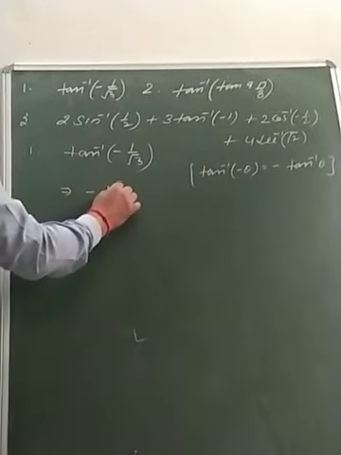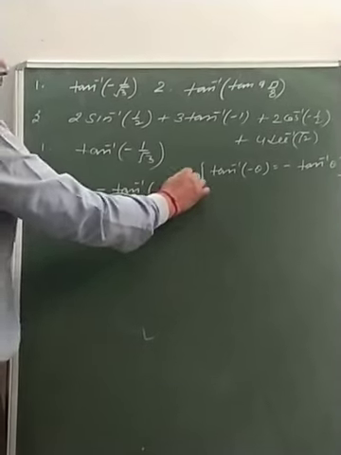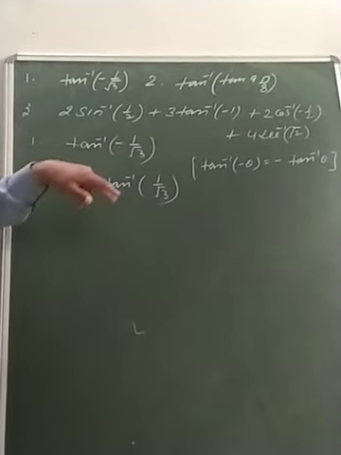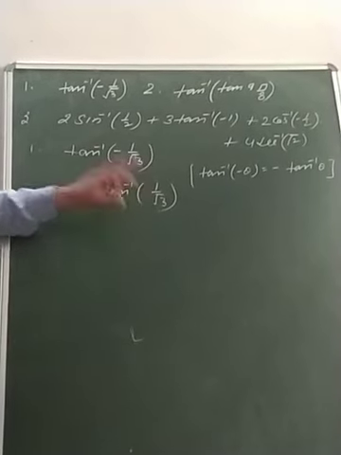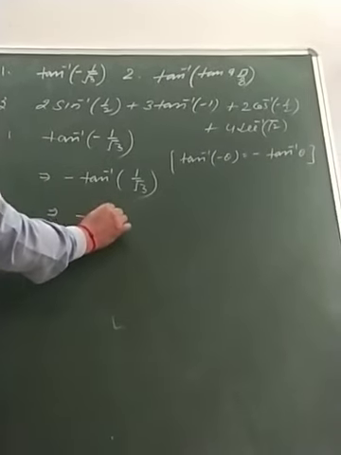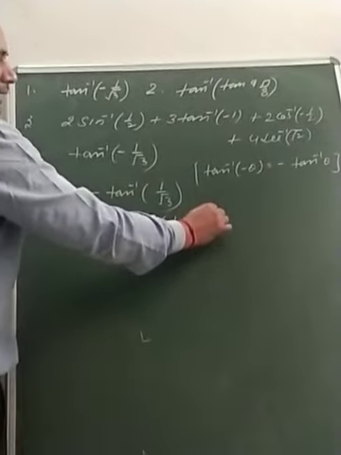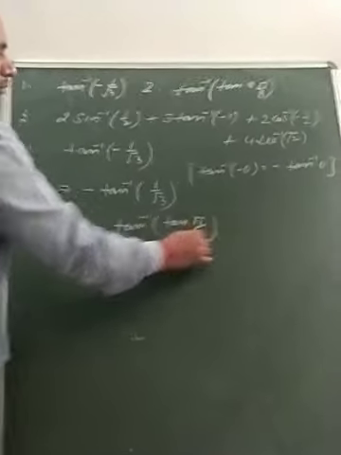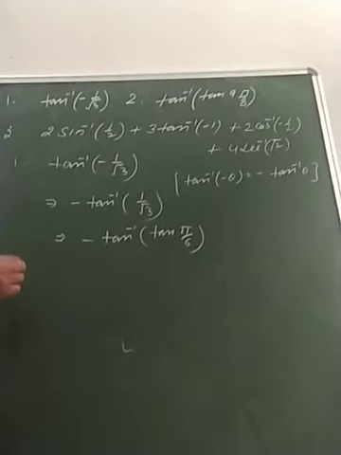It means minus tan inverse 1 by under root 3. Now, according to the trigonometry table, tangent of pi by 6 is 1 by under root 3.